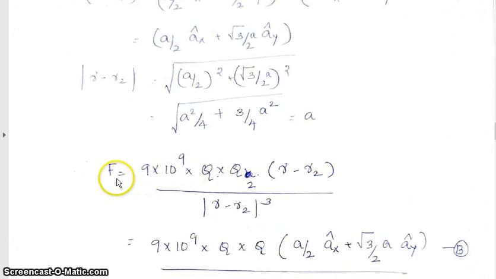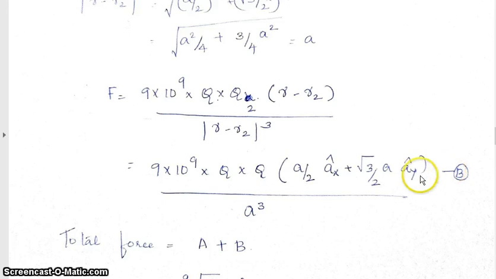And now I am writing the main equation as F is equal to 9 into 10 raised to 9. That is 1 by 4 pi epsilon 0 is directly written as 9 into 10 raised to 9. Q into Q2 into R minus R2 by R minus R2 the whole cube. Here the value of Q2 is also Q. Then you can substitute it and you will get this expression.